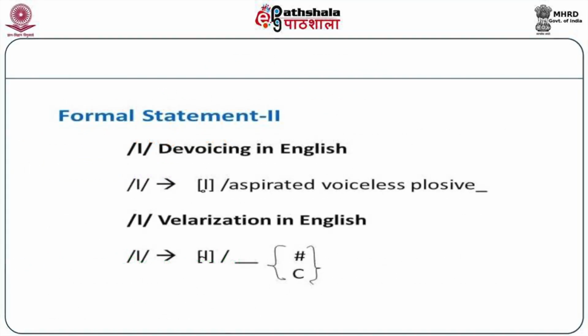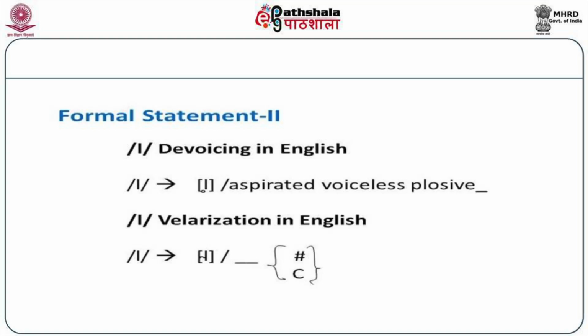Formal statement 2 is stated as follows. The grammar is assumed to have two rules which change a phoneme to its allophones. Thus, there is a rule of devoicing which changes an alveolar lateral l to a voiceless lateral l following aspirated voiceless plosives.